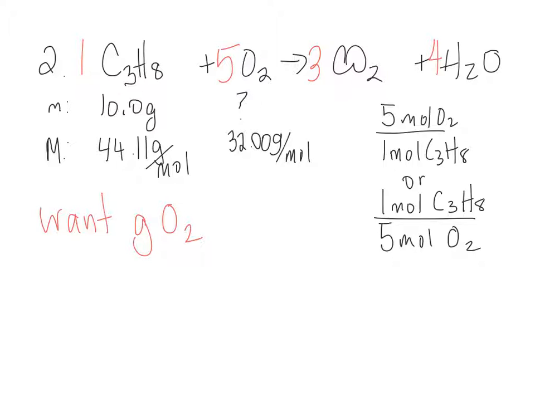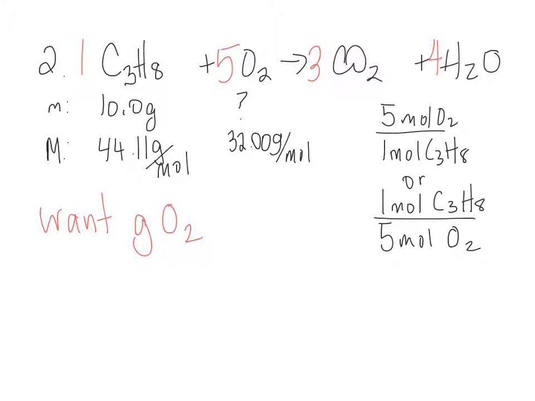So you start, this is dimensional analysis, you start with a ratio that has grams of O2 in it. Is there a ratio up there with grams of O2 in it? Is there grams of oxygen anywhere there?